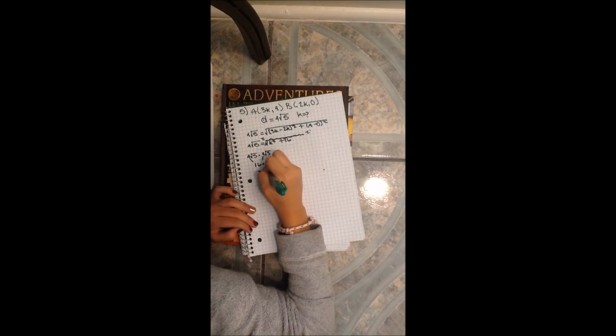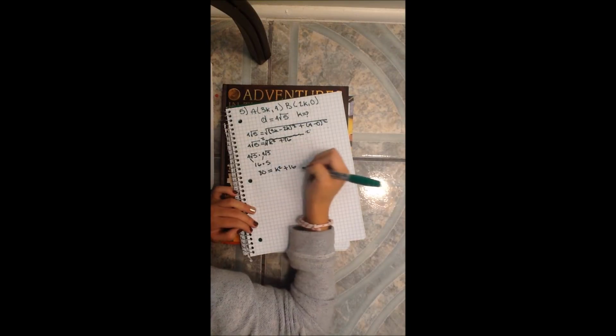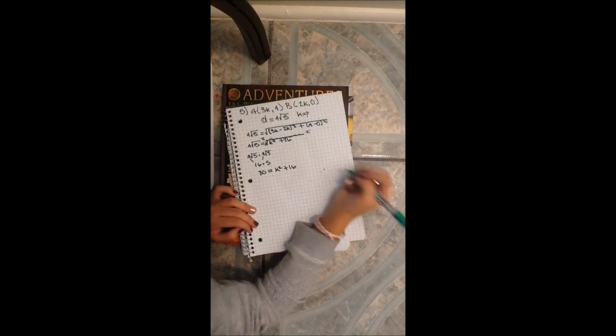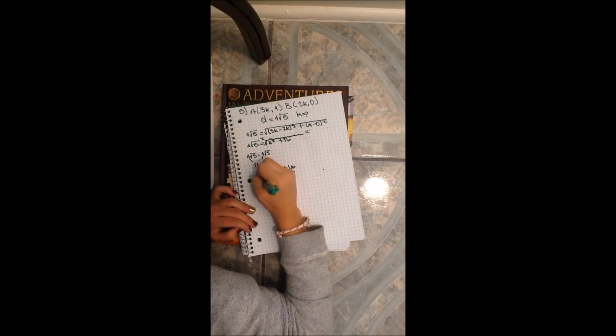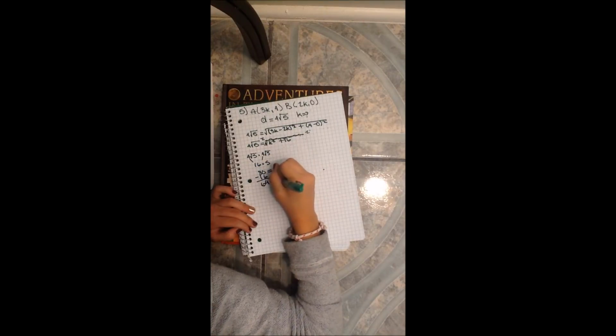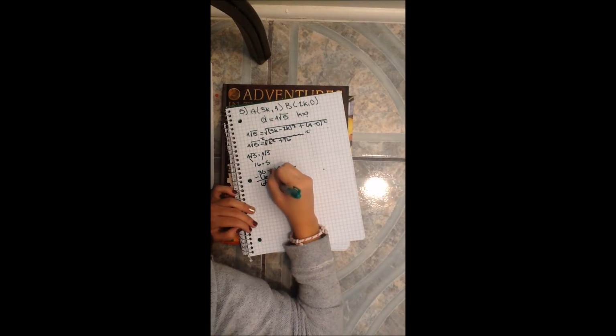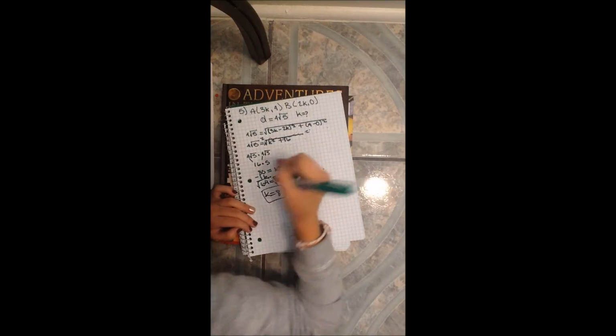So 80 equals k squared plus 16, and then you want to isolate your k, so minus 16 on this side as well, you get 64 equals k squared, and you square root, and then you get k equals 8.